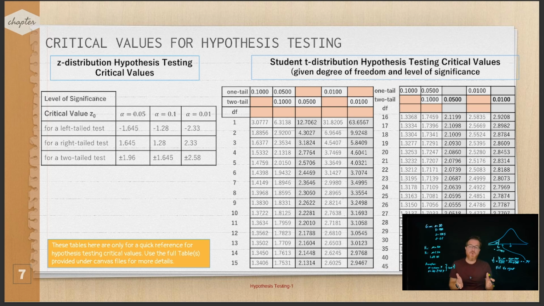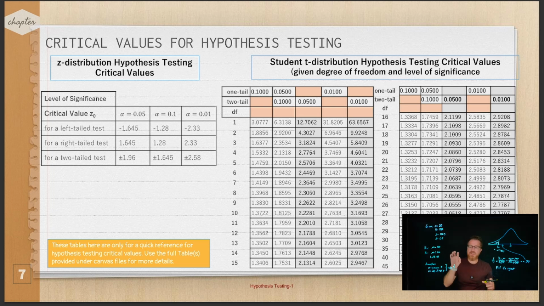So for the standard normal, especially if you're using one of our main alphas of 0.05, 0.01, or 0.1, then we would have some set specific values, which you can see in this little subtable here. If we are using a different value, you would have to go to your actual full Z table and figure it out from that. Next to this, you'll see an example of our student T table.